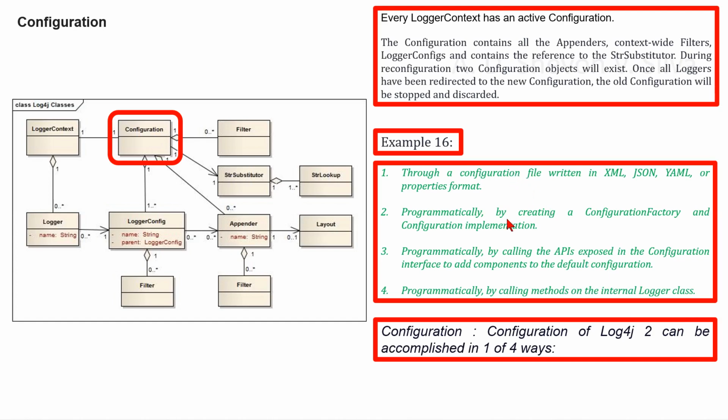Configuration of Log4j2 can be accomplished in one of the four ways here. All available formats are functionally equivalent. For example, a configuration file in XML can be written using the properties format and the opposite, without any loss of functionality.